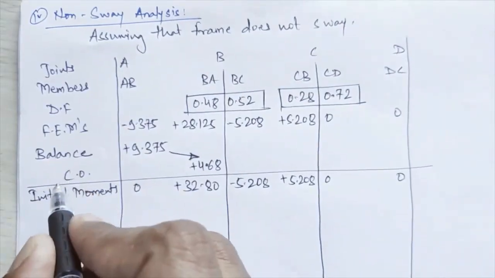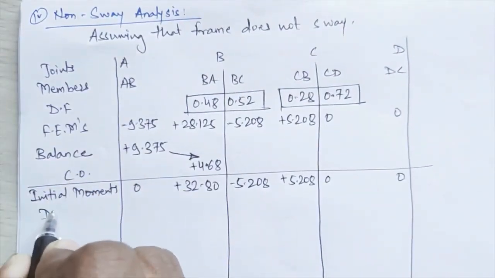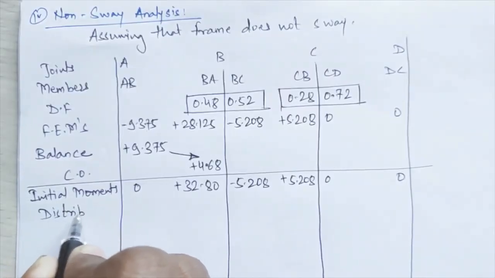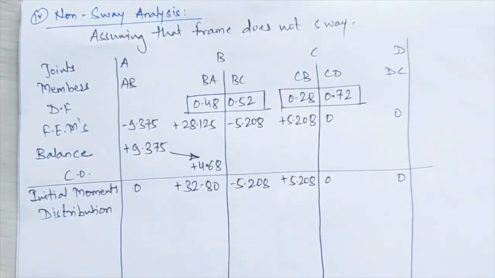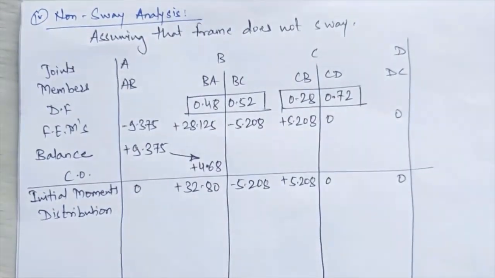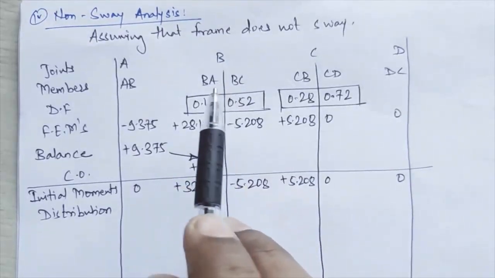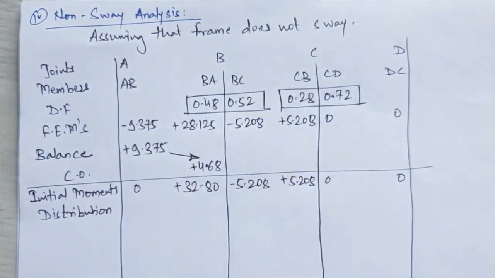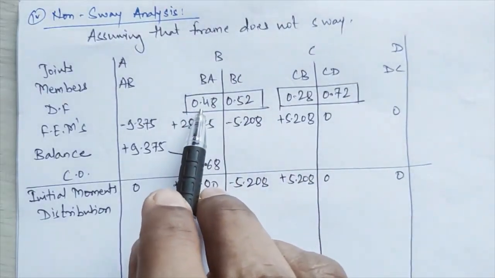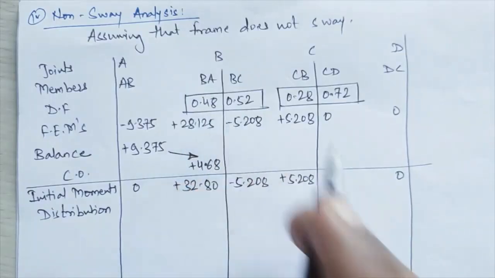Okay, now after calculating the initial moments, what is the next step? You have to do the distribution of moments, for which you have calculated distribution factors. So you have to distribute moments along joint B and joint C. Here the summation of 32.80 minus 5.208, something like 27, you will get, multiplied by distribution factors 0.48 and 0.52.